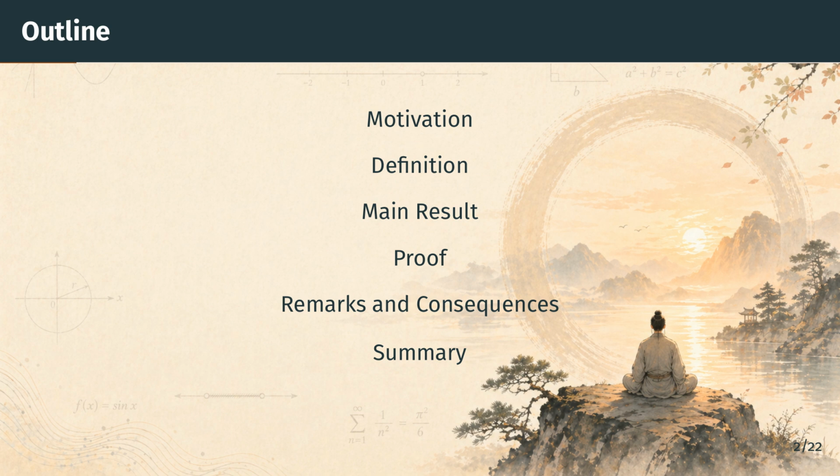After that, we work through the remarks in 3.46, which explain how absolute convergence relates to our convergence tests, what non-absolute convergence means, and why absolutely convergent series behave so nicely. Finally, we summarize.